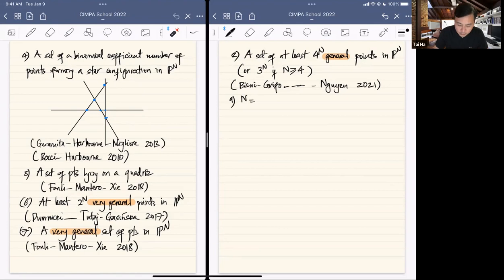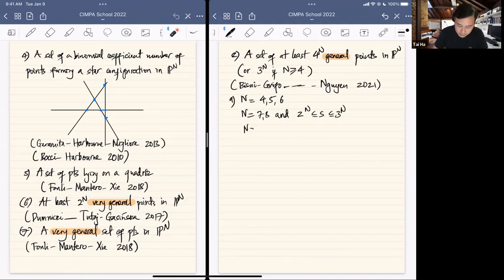It's true for n equal to 3, or maybe 3 is already known, 4, 5, 6. It's true for n equal to 7 and 8. And you have 2 to the n less than or equal to s less than or equal to 3 to the n. So they can drop the number of points slightly.